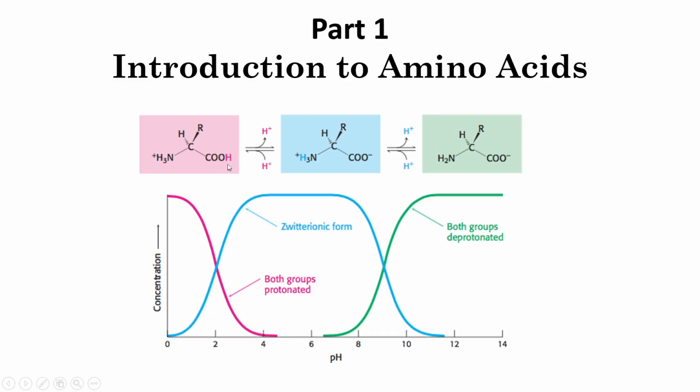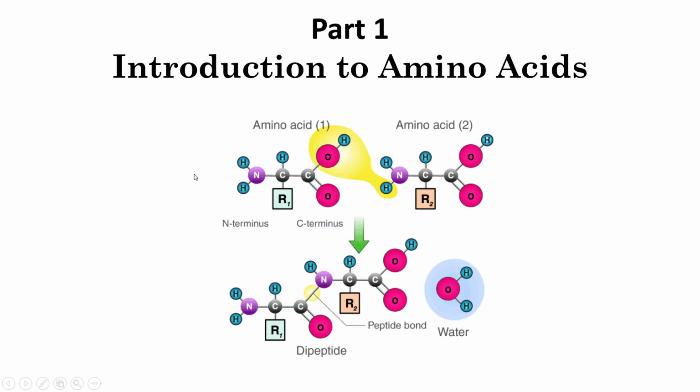Accordingly, H plus ions will be added or removed, etc. So depending upon that, there can be only a negative charge, or only a positive charge if there are higher H plus ions present, and there can be two charges together, plus and minus, indicating zero charge, which is a zwitterionic form. So depending upon the pH, depending upon the amount of H plus ions available in the solution, accordingly the charge of an amino acid changes.